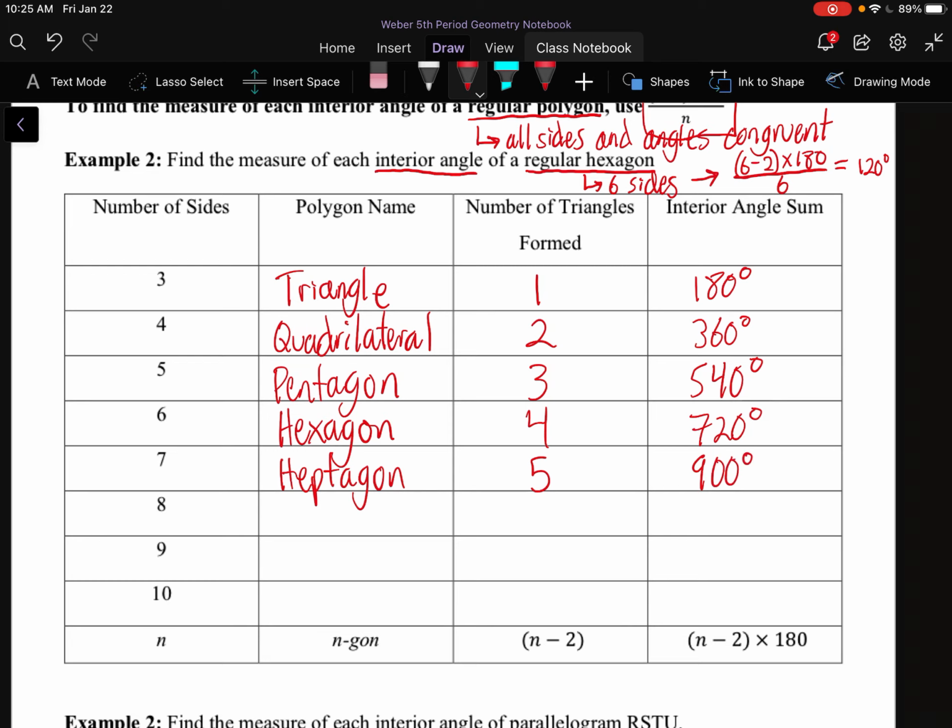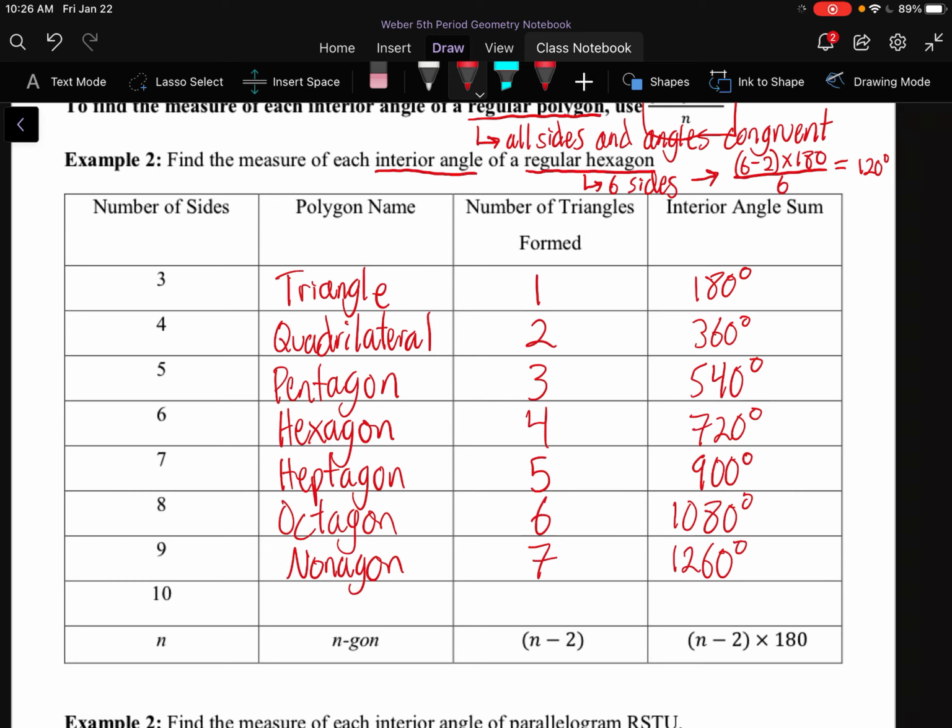An 8-sided polygon is called an octagon. In an octagon we can form 6 triangles, and the interior angles add to 1080 degrees. A 9-sided polygon we call a nonagon. A nonagon can form 7 triangles, and the interior sum of the angles is 1260.